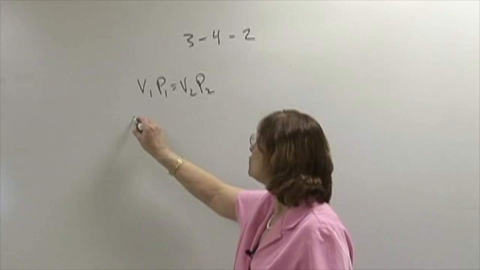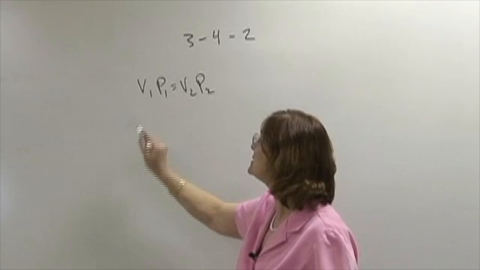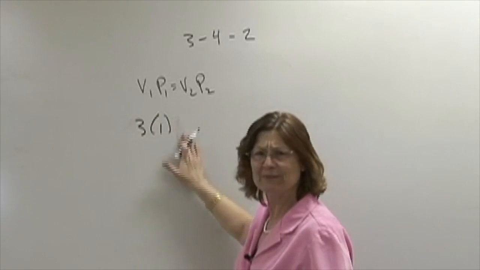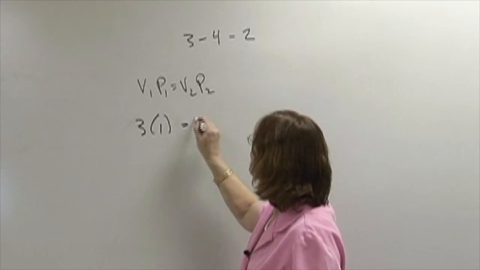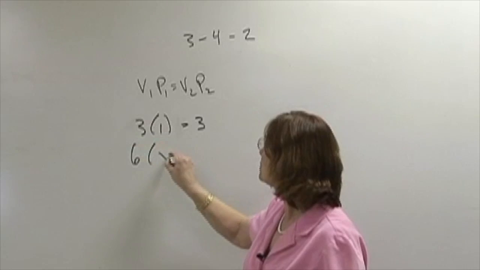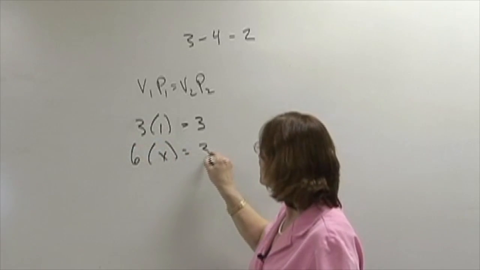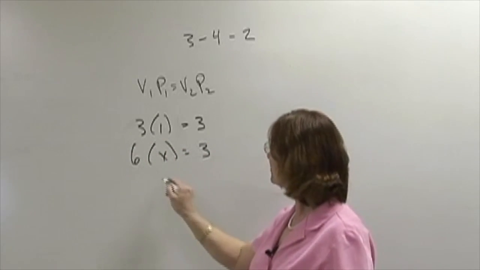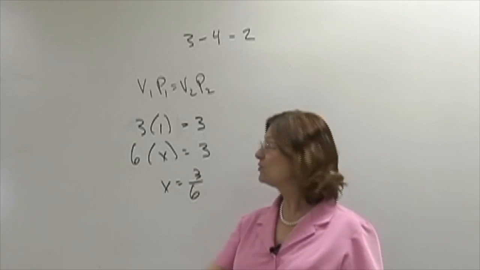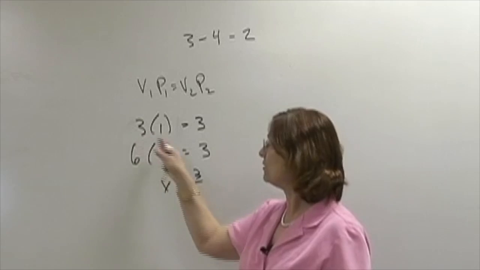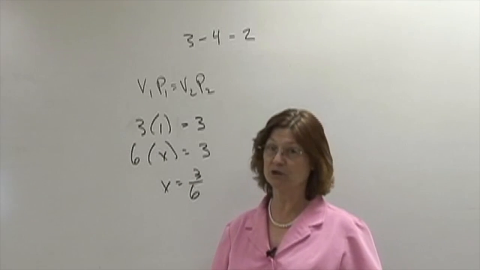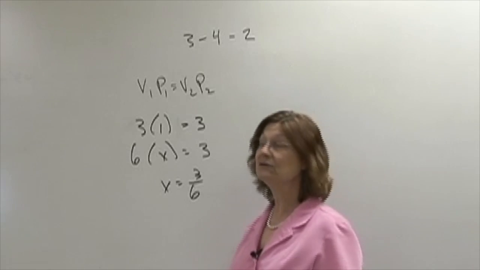Well, if I select a number of 3 times 1 equals 3, and I double this 3 to a 6, what's going to happen to my other number? Well, when I do the math here, x is equal to 3/6, which is 1/2. So as I doubled one number, the other went down by 1/2. They are inversely proportional. One goes up, the other goes down.